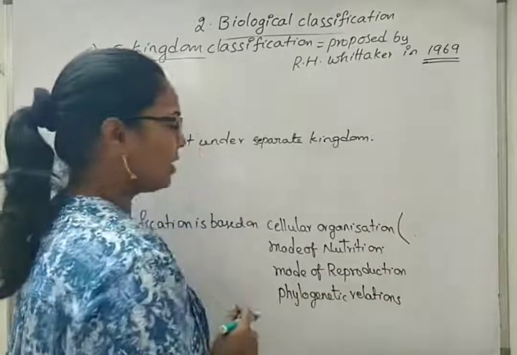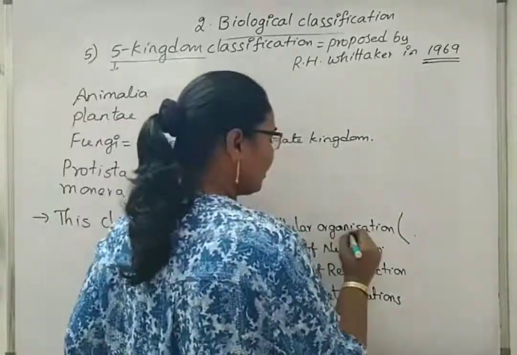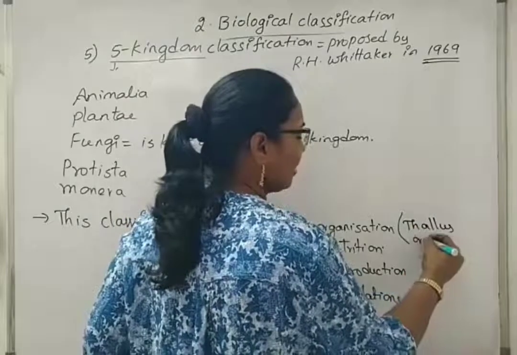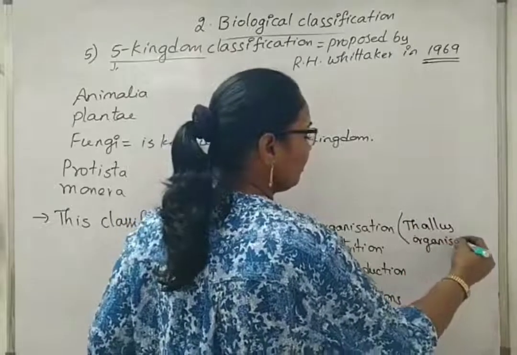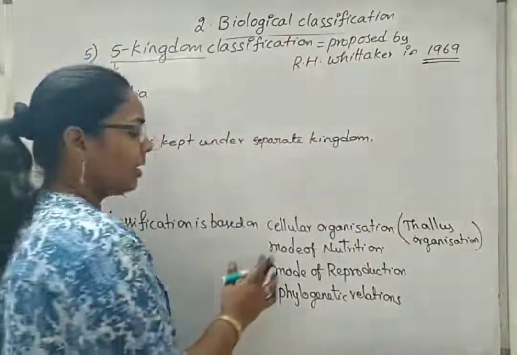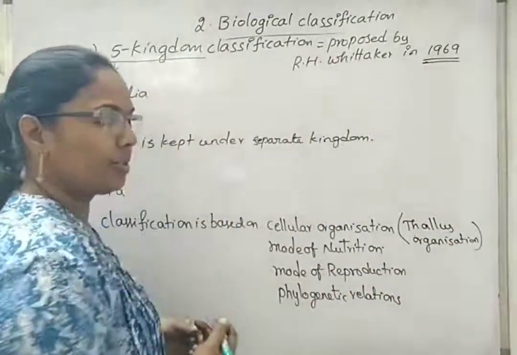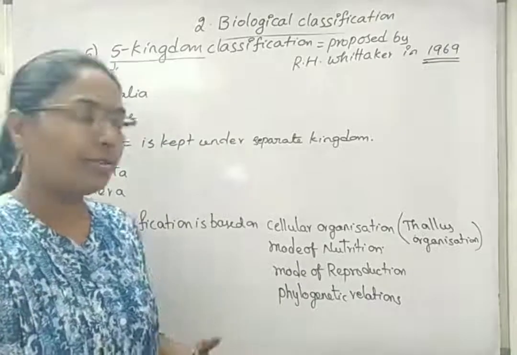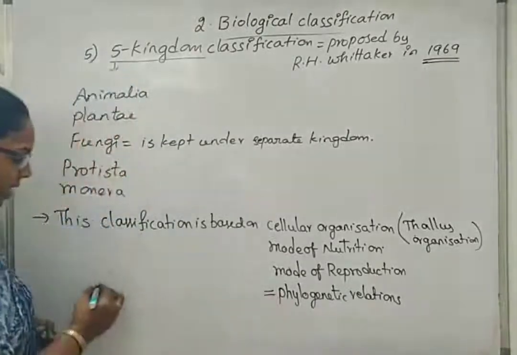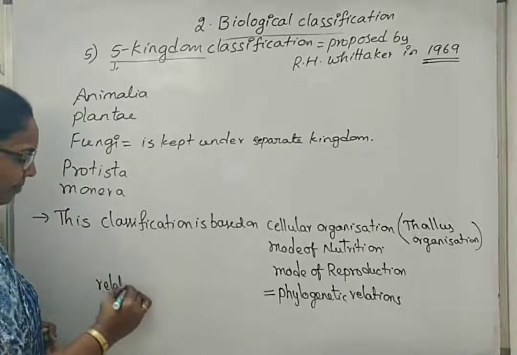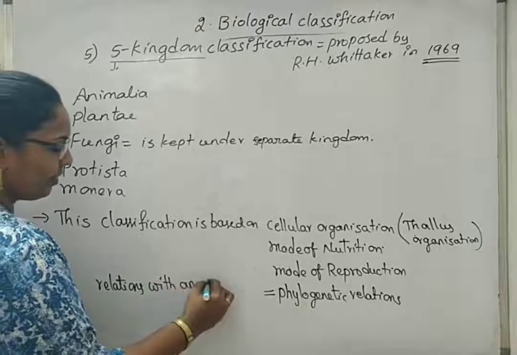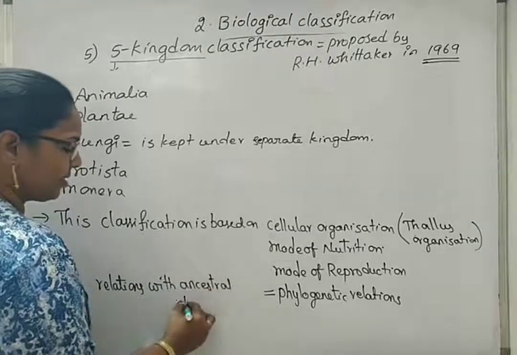Sometimes in the previous MCQs, instead of the cellular organization, the term thallus organization is given. Still, the meaning will be same. Under mode of nutrition, there are different modes: autotrophic, heterotrophic, holozoic, etc. Under phylogenetic relations means relations with ancestral characters.